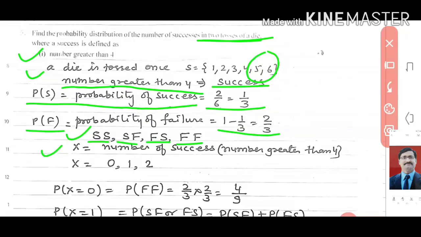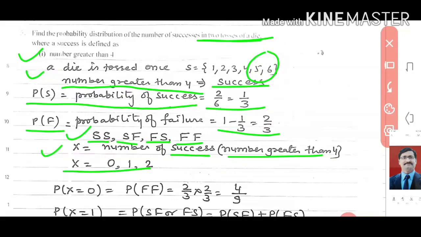Here X is the number of successes, that is, how many times we get a number greater than 4. So we can get 0 times, 1 time, or 2 times greater than 4. So the number of successes is 0, 1, 2.